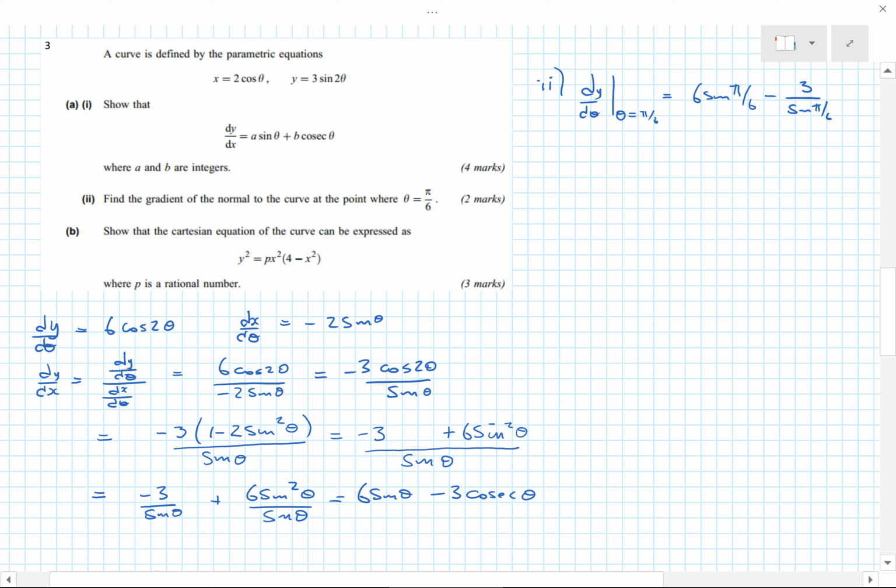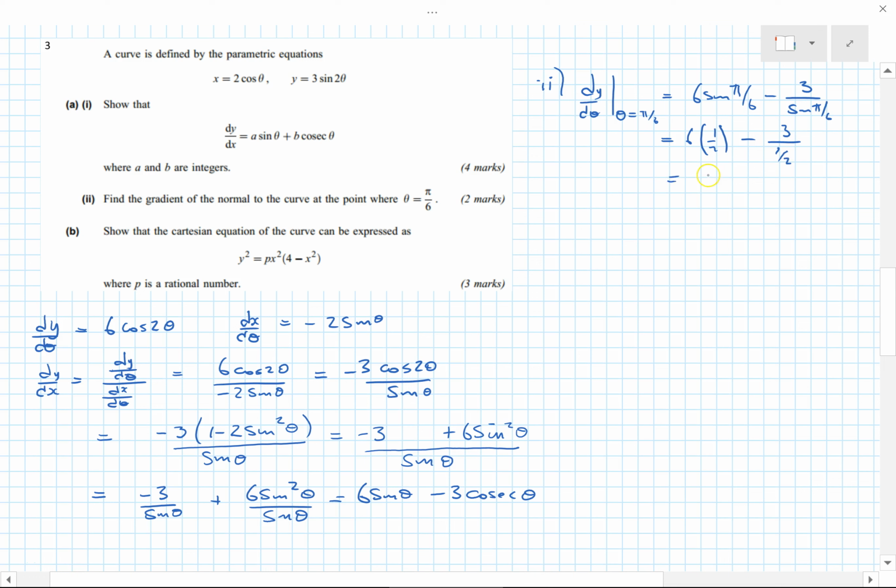Okay, now sine pi by 6 is equal to half, of course. So that's 6 times a half minus 3 over half.